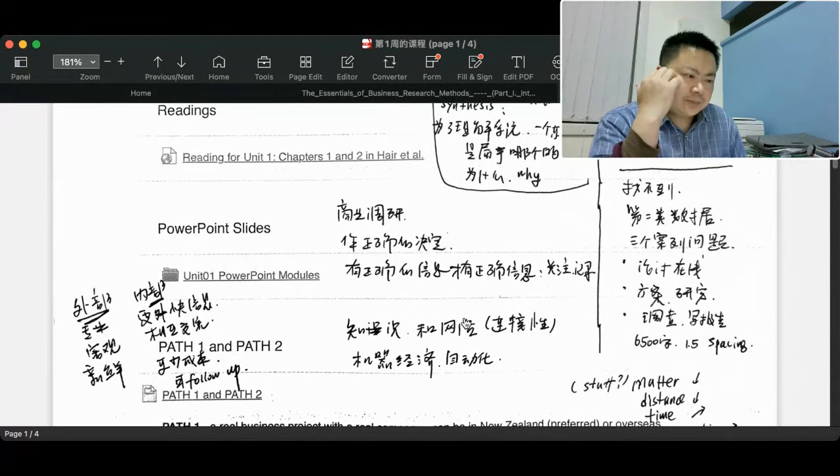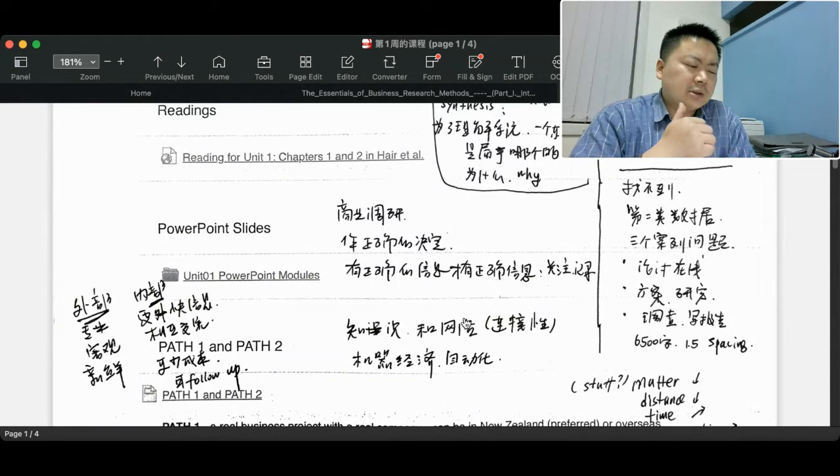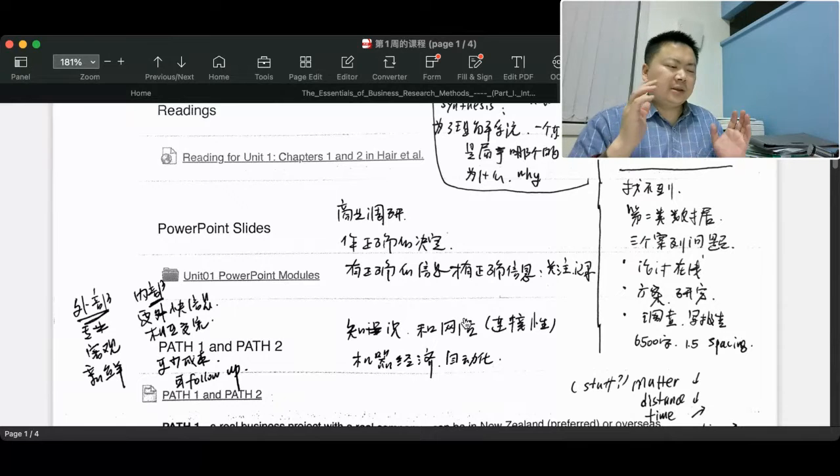So, business research. The purpose of business research is to make a correct decision, a useful decision. In the business world, the management can make many decisions, but based on solid business research, they tend to make a correct decision.